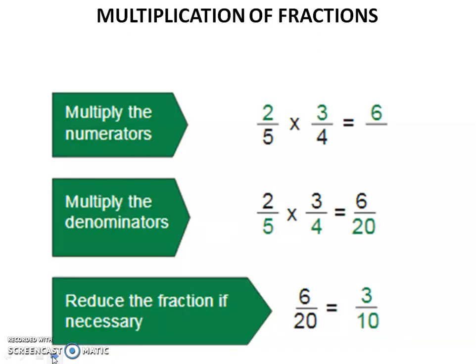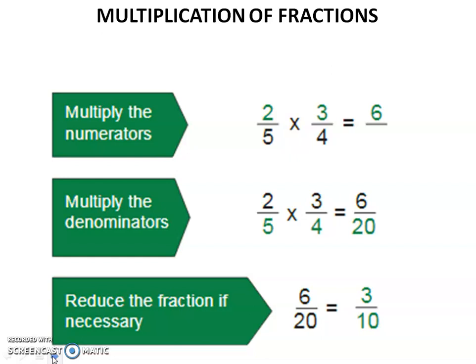Next one, multiplication of fractions. The easiest thing in this chapter, multiplication of fractions. First, multiply the numerators. Here 2 into 3 equal to 6. Second step, multiply the denominators. Here the denominators are 5 and 4. 5 into 4, 20. So you got the answer as 6 by 20.